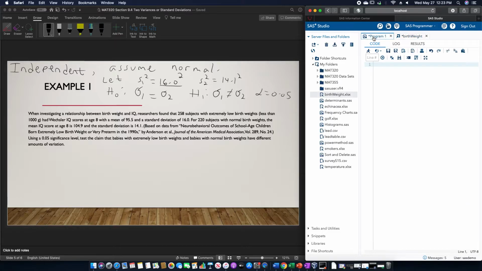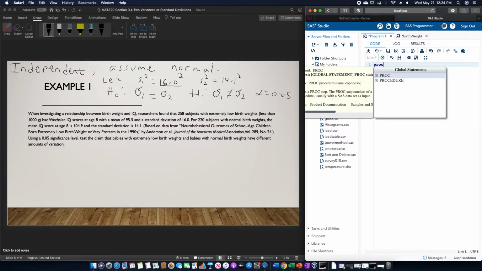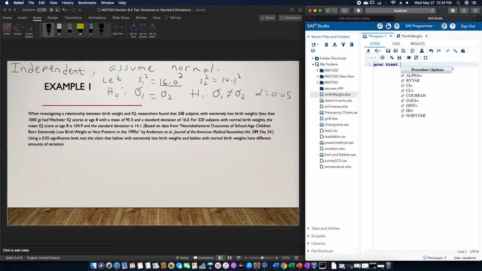Okay, the code that we're going to use for this is, once we're actually selected, proc ttest data equal to work dot birth weight. We're using the t-test because I don't know if you took notice on the other videos from this particular unit, but this does give us the test for the variances as well.